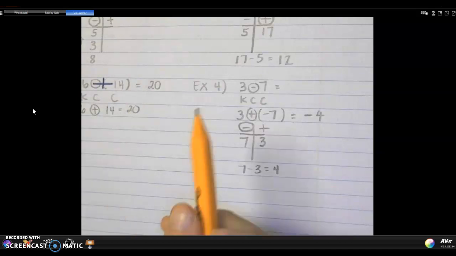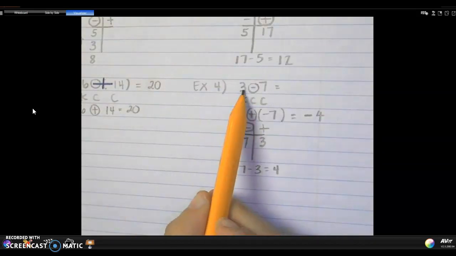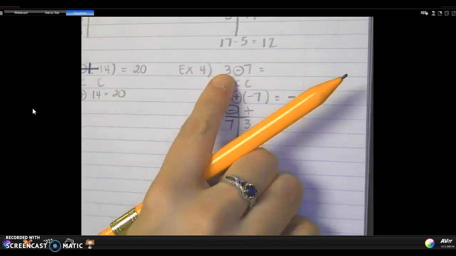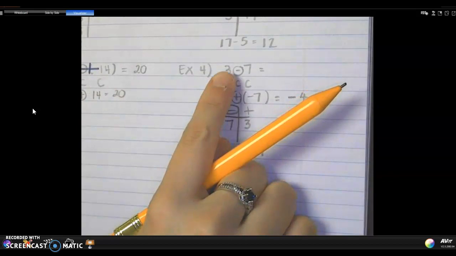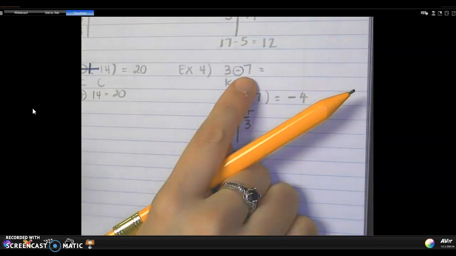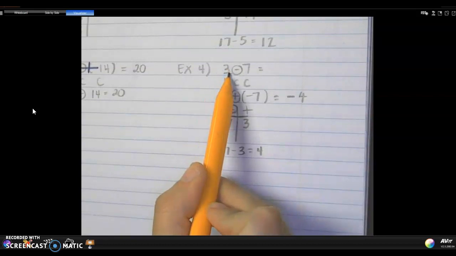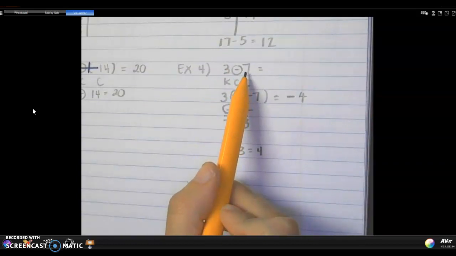Now, one way to remember this, if you are subtracting 2 positive integers, however, the first number is less than the second. Typically, when we subtract, we need a larger number first. Otherwise, we can't subtract 7 from 3. If I have $3, I cannot spend $7 because I don't have $7.